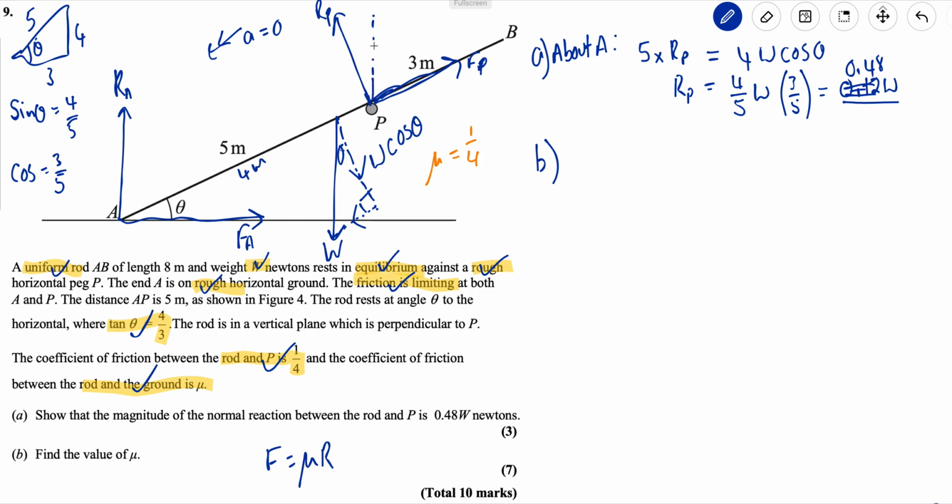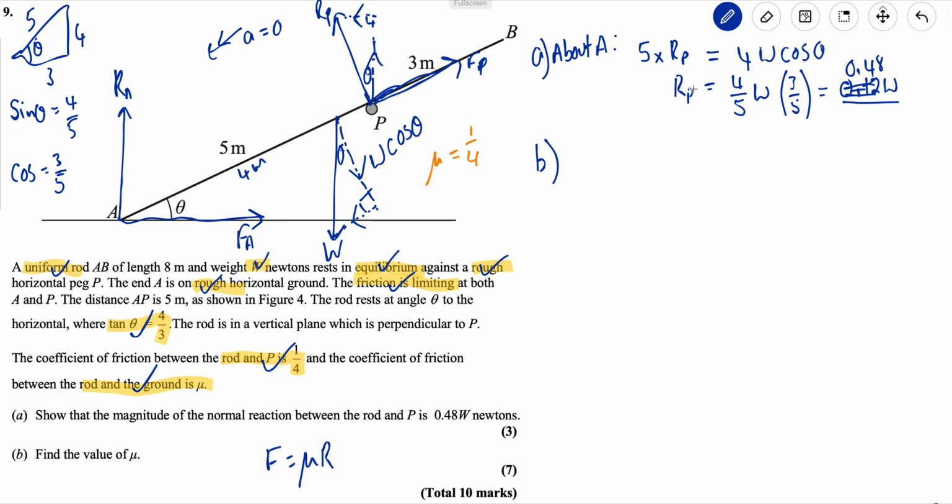I'll need the vertical and horizontal components, so I'll just need to resolve these. If I make a right-angled triangle here, this force is going diagonally there, so up and across. This is theta, and just using angle rules, this is also theta, and so this component here will be RP cos theta.